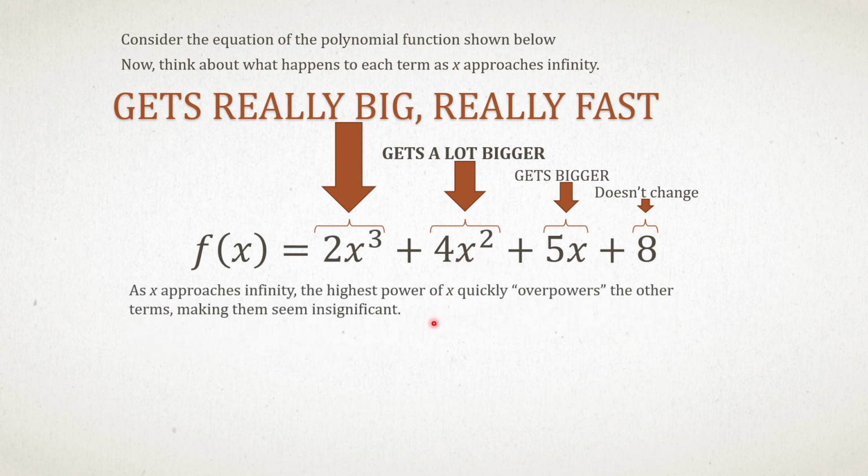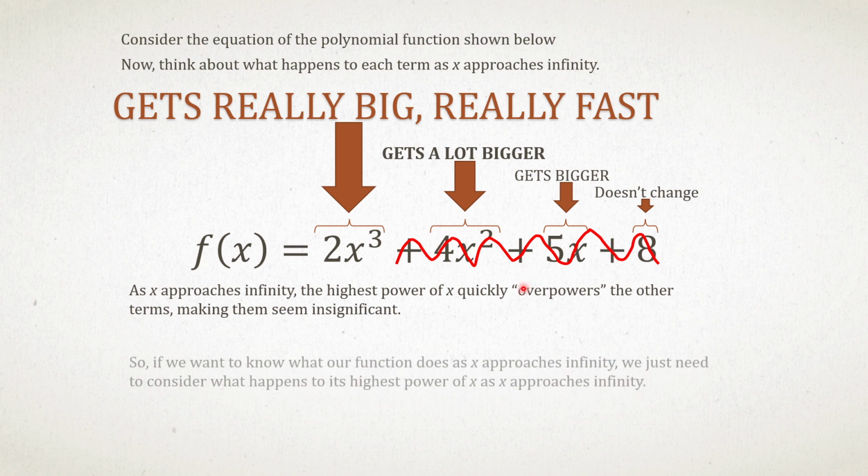So it turns out that as x approaches infinity, the highest power of x, which is this 2x cubed term here, quickly overpowers the other terms, that is, in terms of their size, making them seem insignificant. So once again, as x gets larger and larger, this term here gets so big compared to the other terms that it makes the other terms look insignificant.